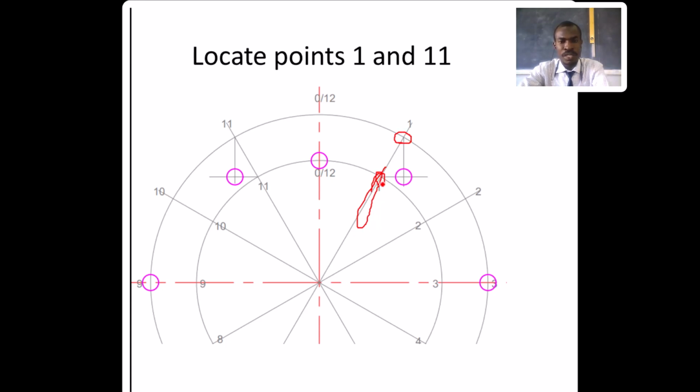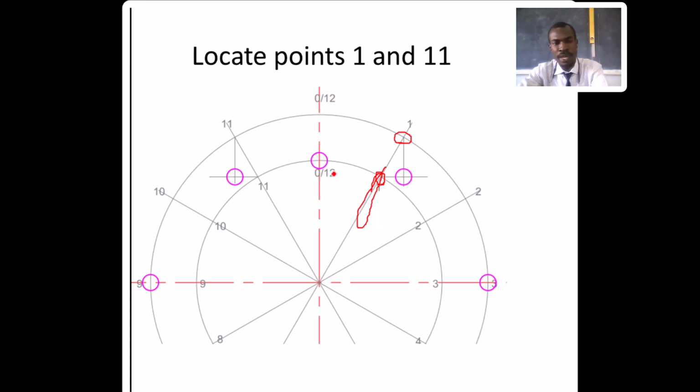Where the dividing line is passing through the smaller circle, you draw a horizontal construction line. And where the bigger circle is crossing the dividing line, you draw a vertical construction line. Where those two lines meet, that will be your point 1.